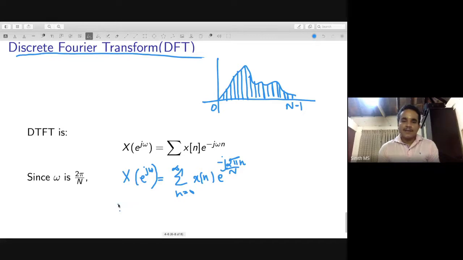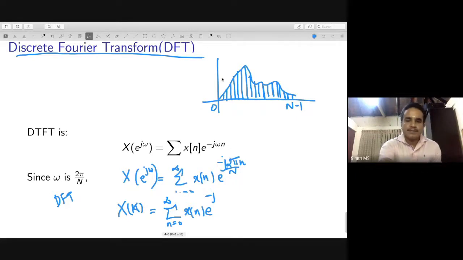So we normally represent the discrete Fourier transform as X[k], small k, and this becomes sigma n equal to 0 to infinity x[n] e^{-j2π/N kn}.